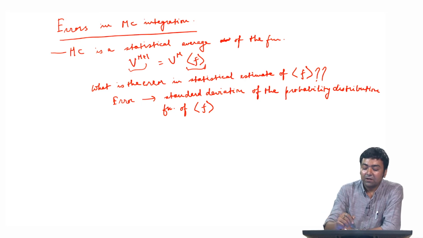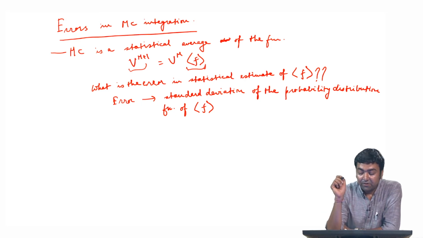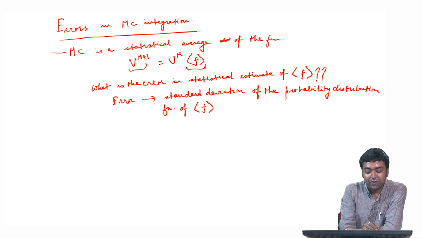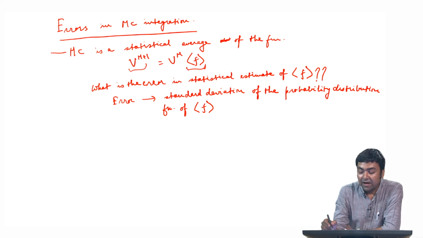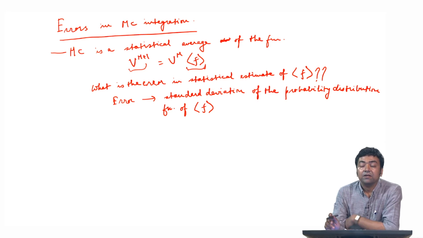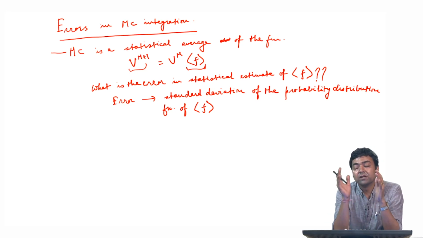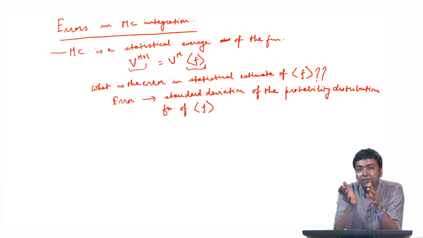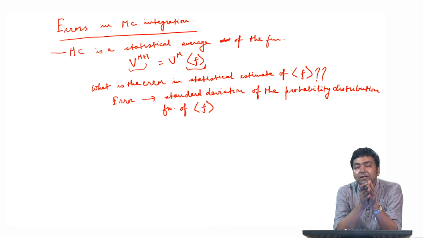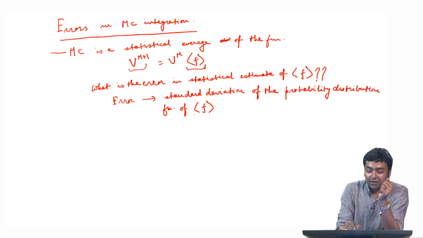So, what it means is the following. Suppose you start with a set of random numbers and compute your average value of f. Then you use another completely different set of random numbers and compute your average value of f. Like that you do several measurements using a large number of different series of random numbers, and then you plot the distribution of this quantity f.